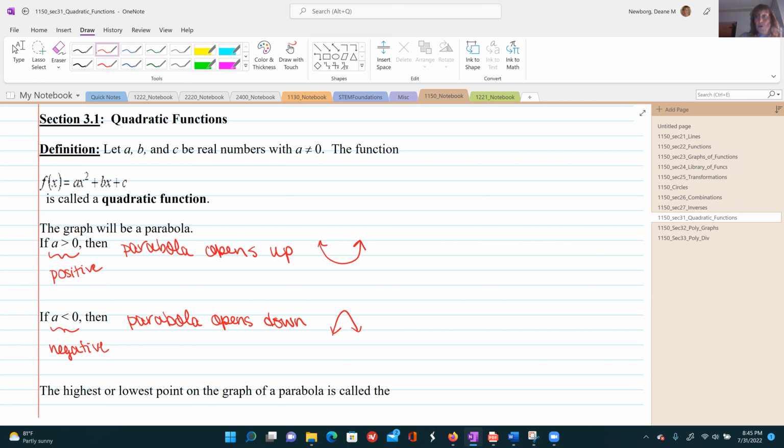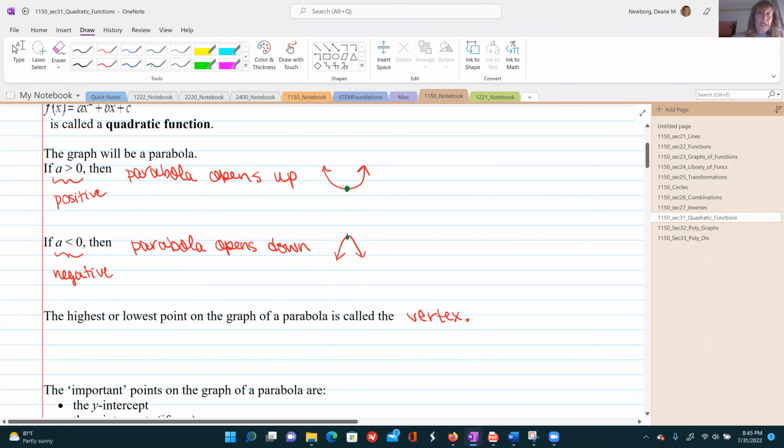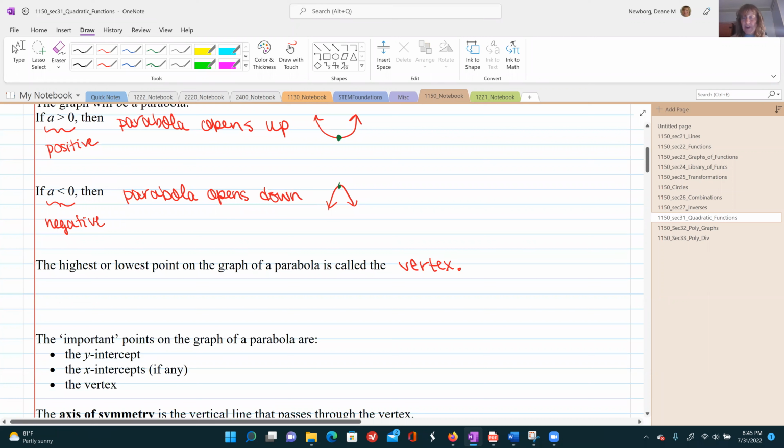The highest or lowest point on the graph of a parabola is called the vertex. So like in the graphs I just drew, you would look for either the highest or lowest point. A parabola has a few different important points. The y-intercept is an important point.